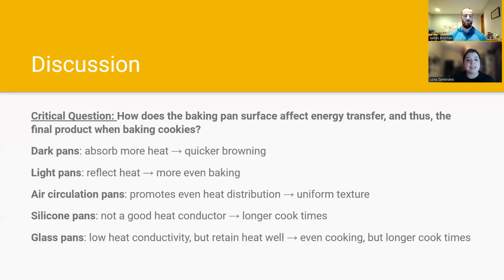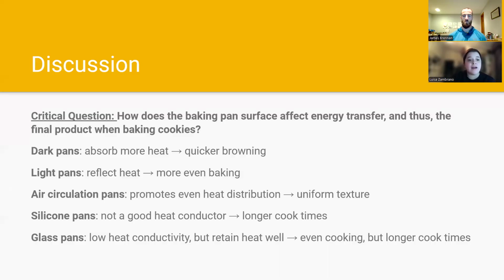For the light pans, they tend to reflect heat, so this results in a more even baking. This typically takes longer for the cookies to brown, so they tend to have a softer texture and milder caramelization, which also affects the flavor. But they also tend to burn less.